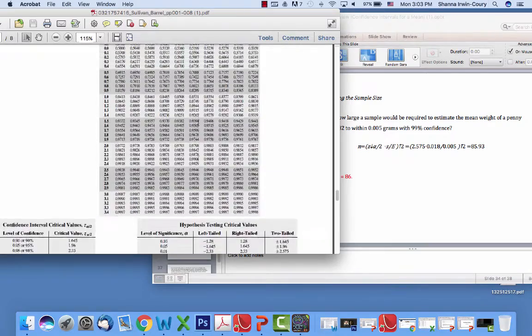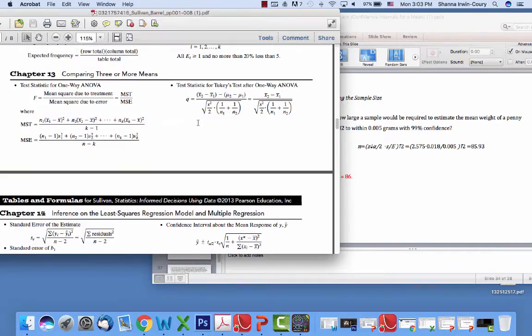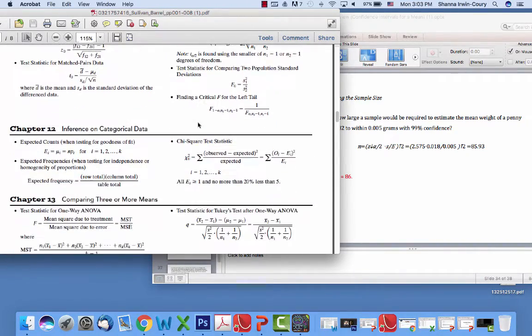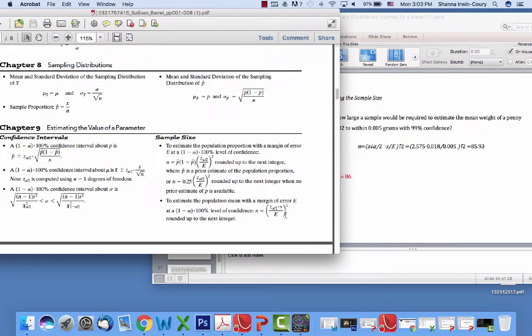So we could work that all through, or we can go get this formula here. Maybe I should cut off some of these for you guys so it's less confusing. Right here.